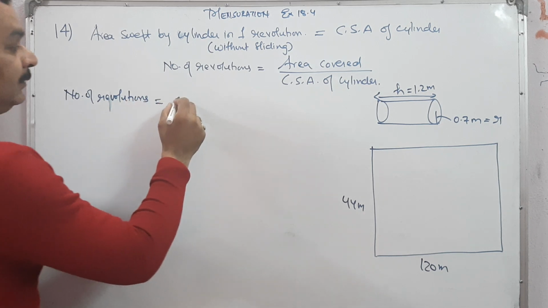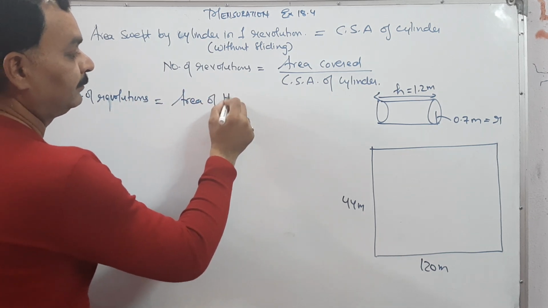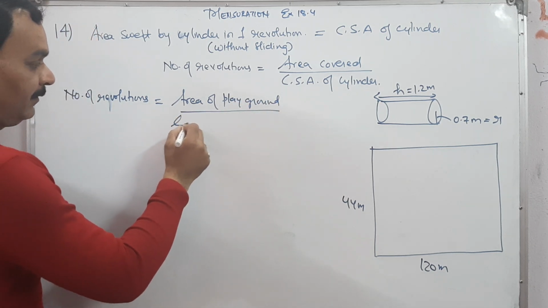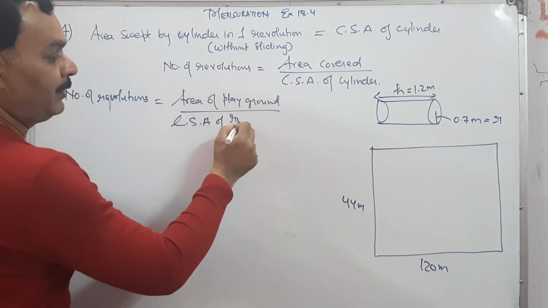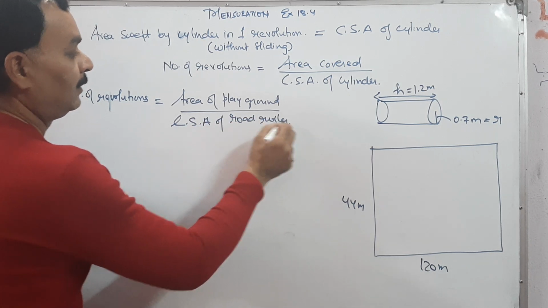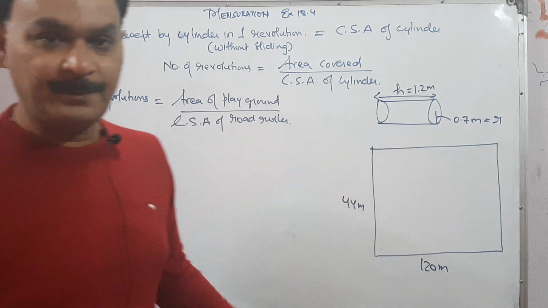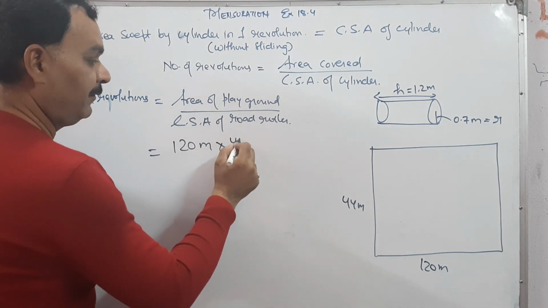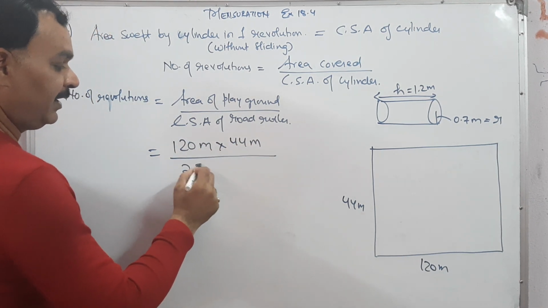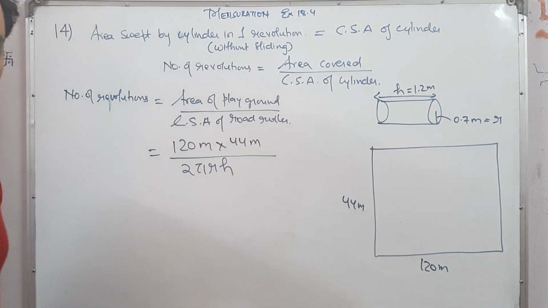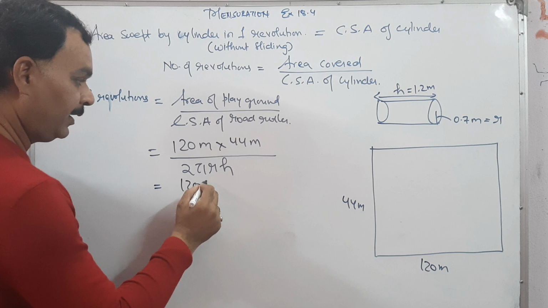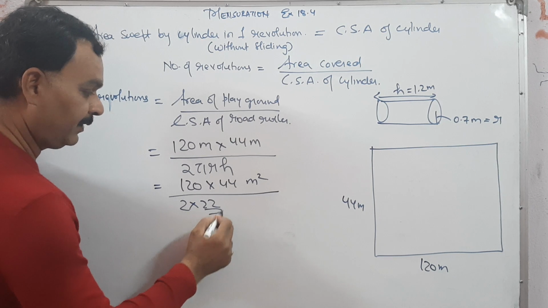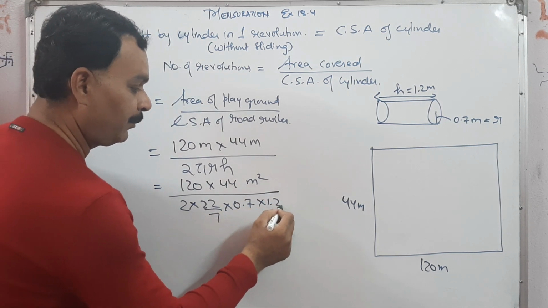So number of revolutions made by the road roller is the area of the playground divided by the curved surface area of the road roller. Now area of the playground is very easy, it's length into breadth because it is in the shape of a rectangle. So 120 meter by 44 meter. Now the curved surface area of the road roller is 2 pi RH. So 120 into 44 meter square, 2 into 22 by 7, R is 0.7 into 1.2 meter square.